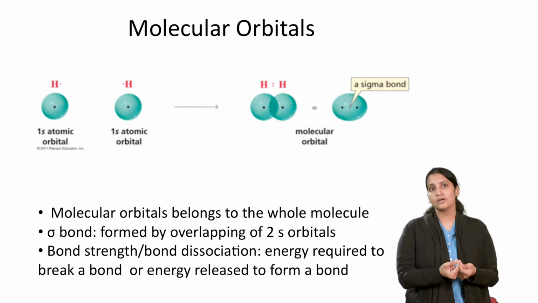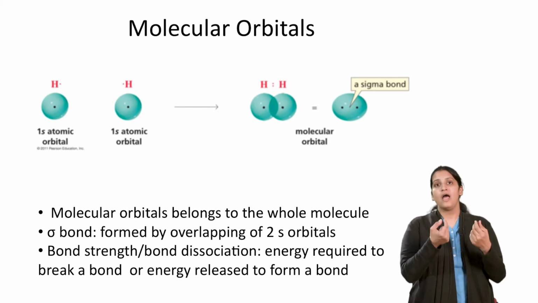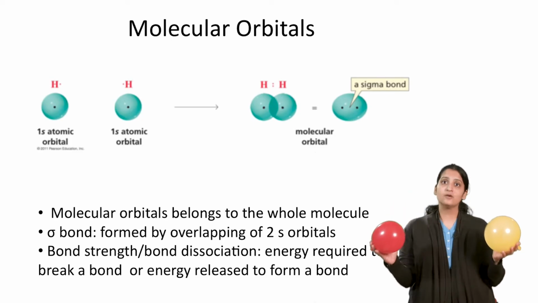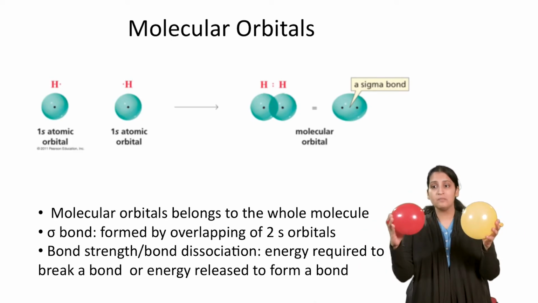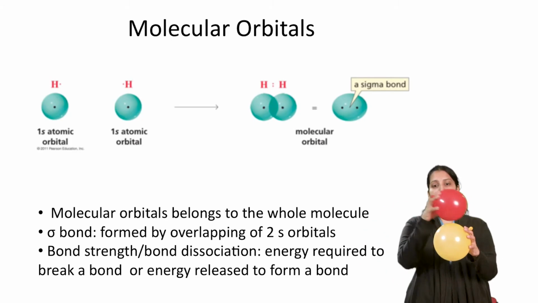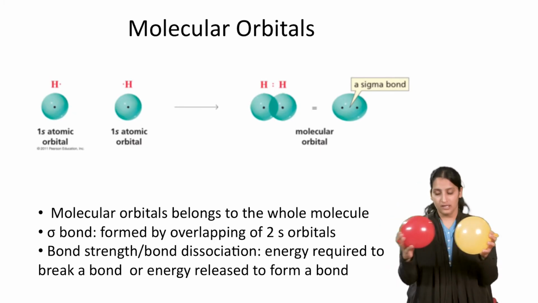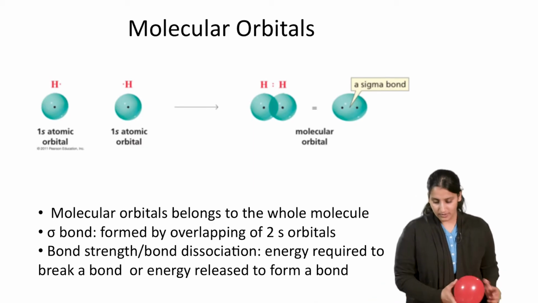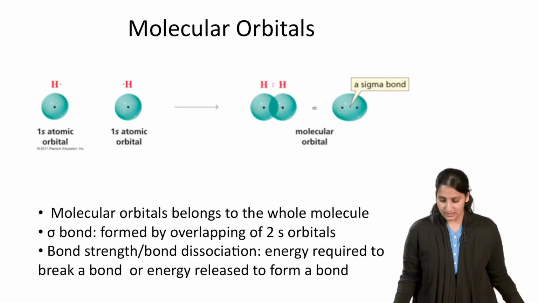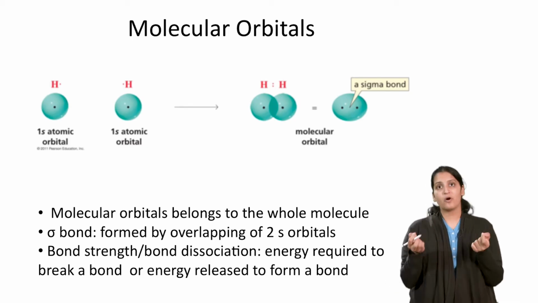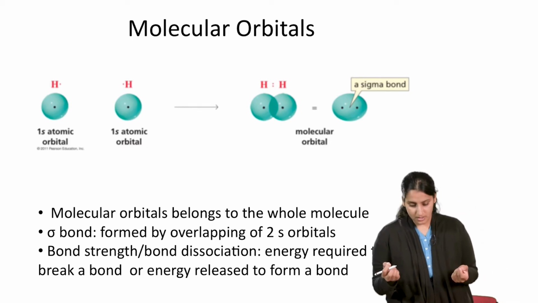Now let us look at this particular combination and understand the formation of the hydrogen molecule. What we are saying is that the 1s orbital of one of the hydrogen atoms and the 1s orbital of the other hydrogen atom are going to combine and form a molecular orbital. As you can see on screen, we have represented this using this diagram, wherein we have now formed a sigma bond between the two hydrogen atoms.